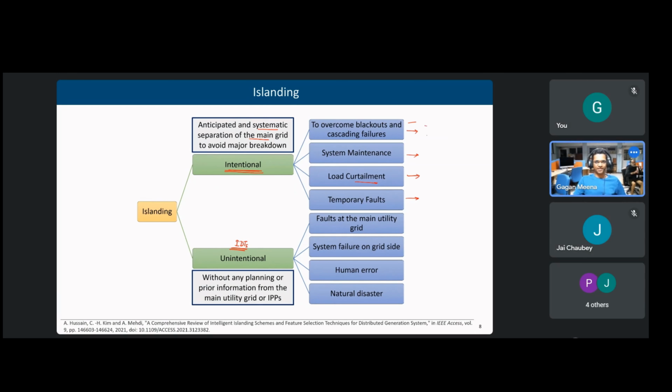To prevent this we use intentional islanding, but even after employing those preventive measures, if blackout happens, then this is called a system failure on the grid side, and it is unintentional islanding. And it may also be due to human errors and natural disasters. So we are focusing on unintentional islanding detection techniques. This is our main focus in this course.